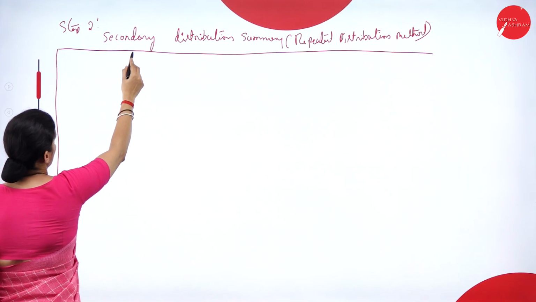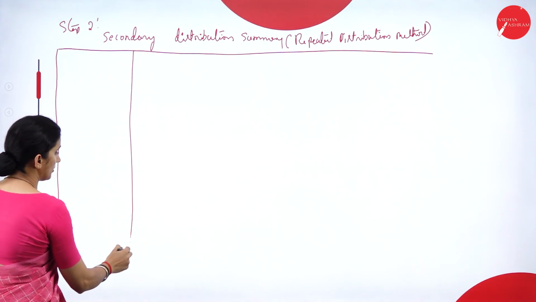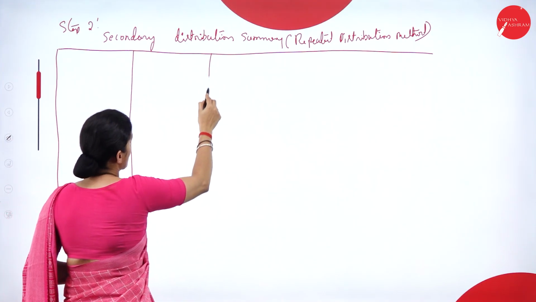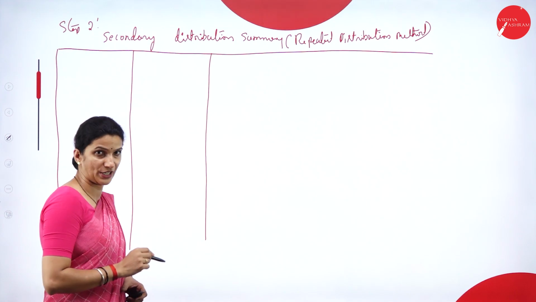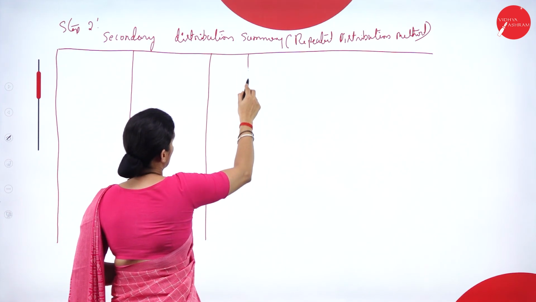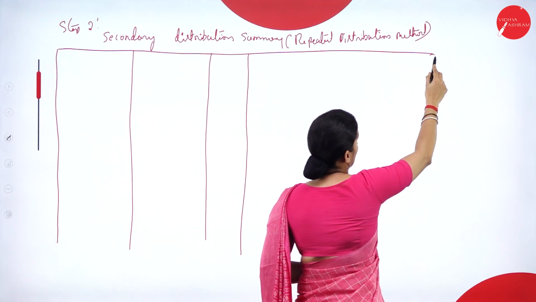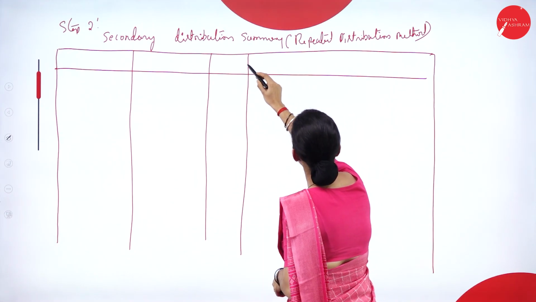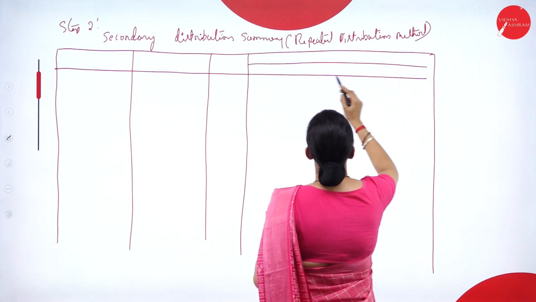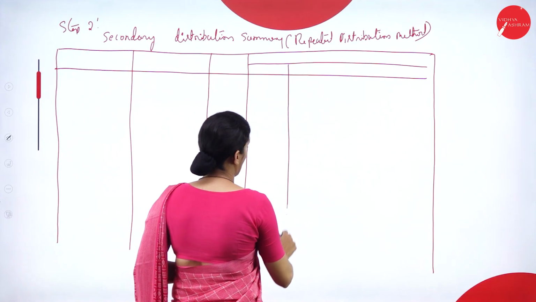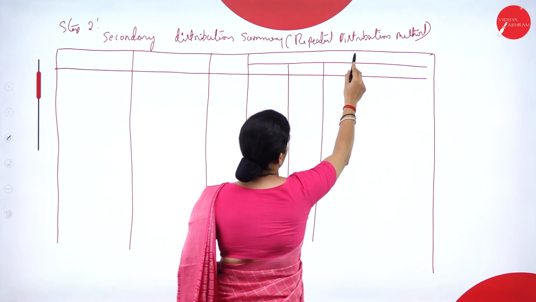First is the element column, then a column for the basis of allocation, then one total column, and then 5 department-wise columns.